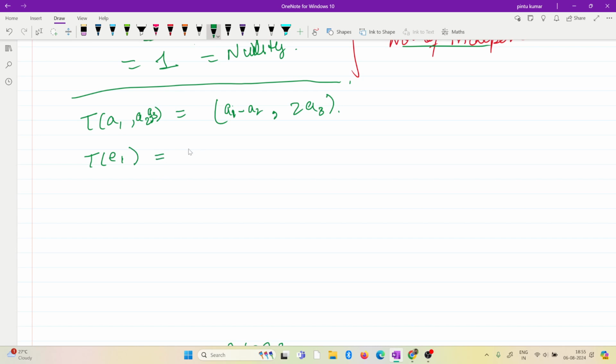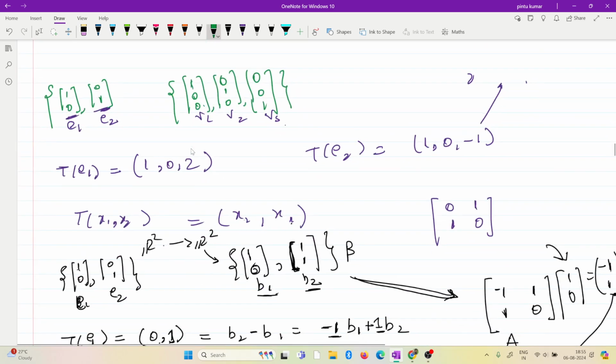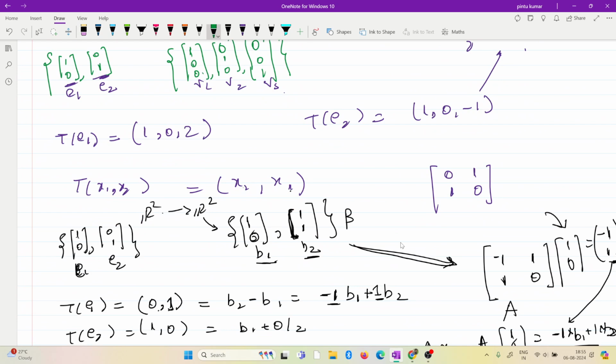If you take T of E1, the way we found over here, I think we pushed it down. Yeah, so this is what we obtained.